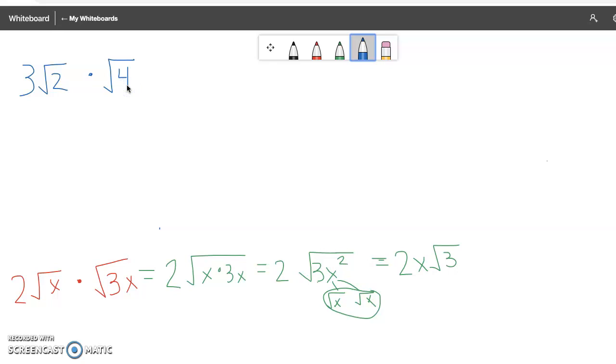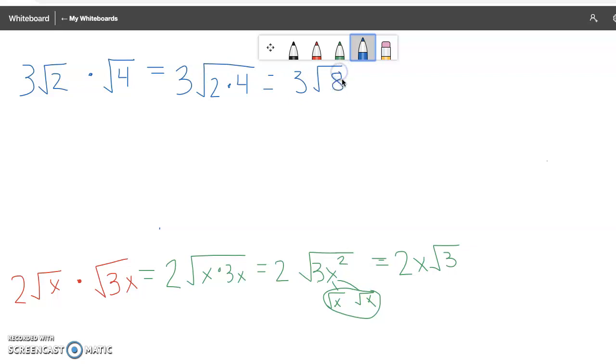Now there's 2 ways to solve this. You can either multiply the radicals together first, which is what I'm going to do, or there's a second way. So right now 3 stays on the outside, and we're multiplying 2 times 4. And in the radical, we're now left with 3 radical 8.